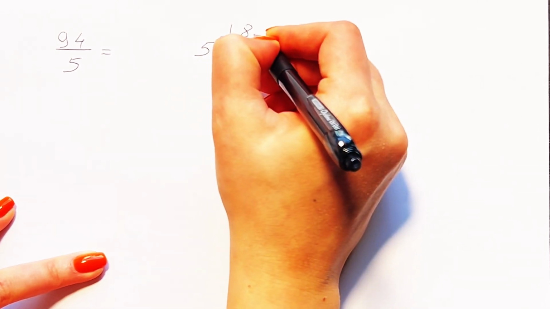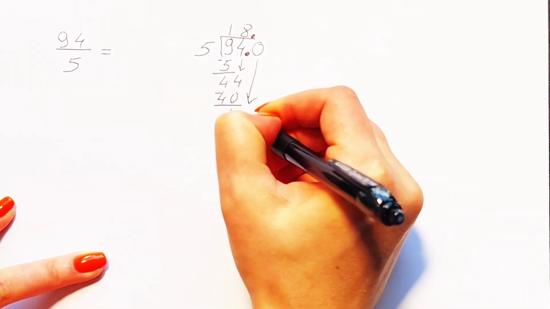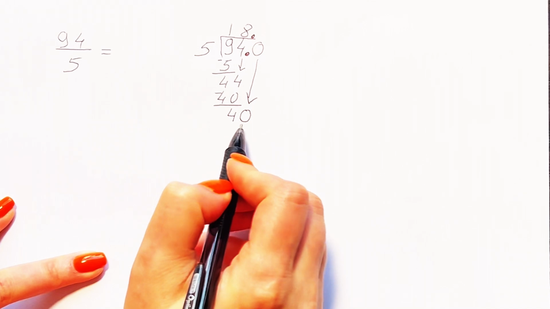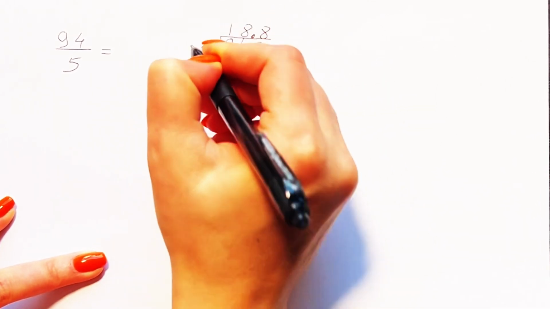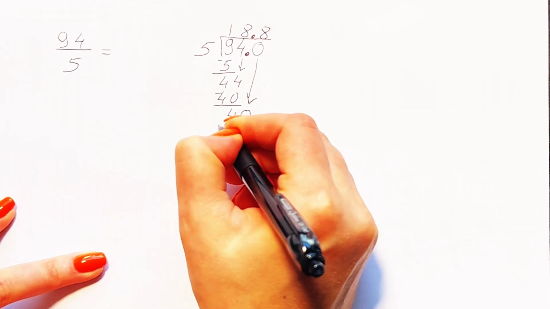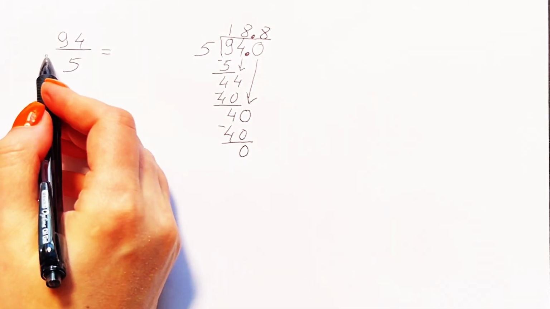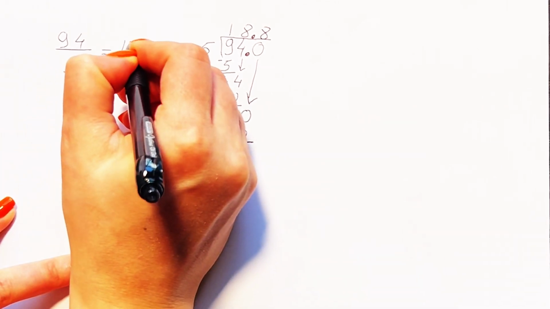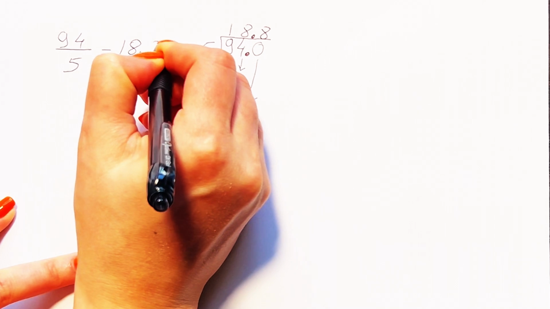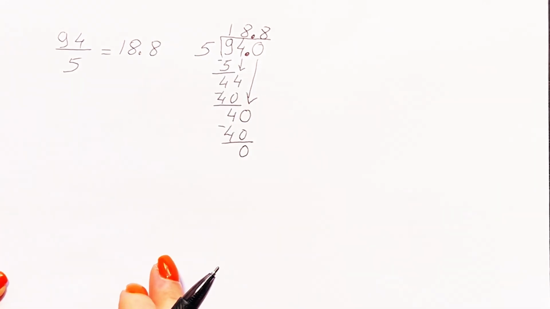So the same thing I'm going to do in the answer's place. Then I'm going to bring down the 0. 5 goes into 40, 8 times. 8 times 5 is 40. I'm going to subtract and get a 0 remainder. So 94 over 5 is equal to 18 and 8 tenths.